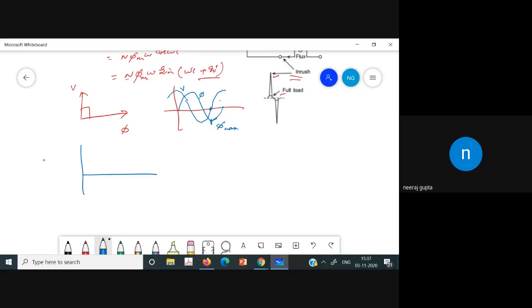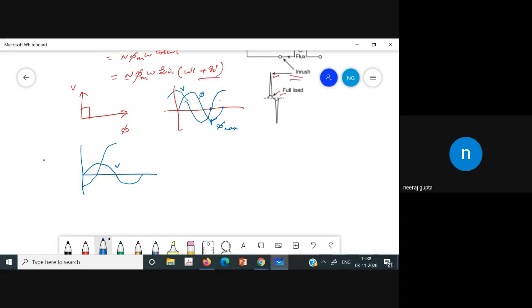Now, we will have the voltage waveform, let us suppose, and the flux lags the voltage by an angle of pi by 2. So this is the flux.